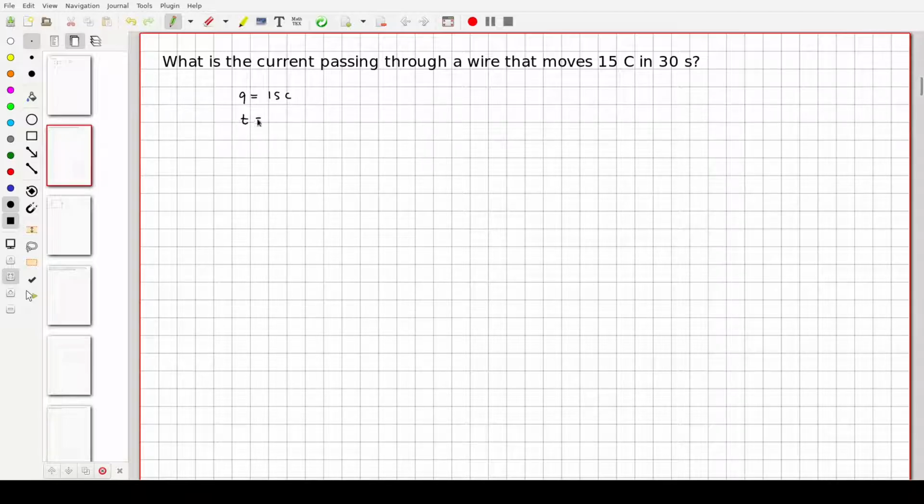The amount of time that we're looking at here is 30 seconds. So, the average current passing through would be just the charge over time, which would be 15 coulombs for every 30 seconds, or 0.5 amps. Okay, so very easy to do. It's one of the reasons why there's only one video here.